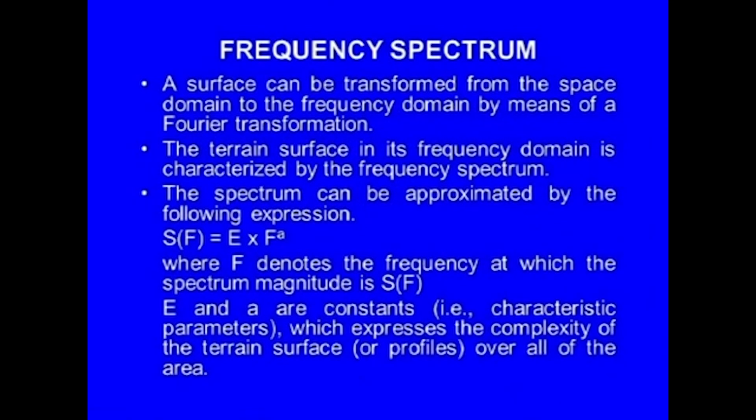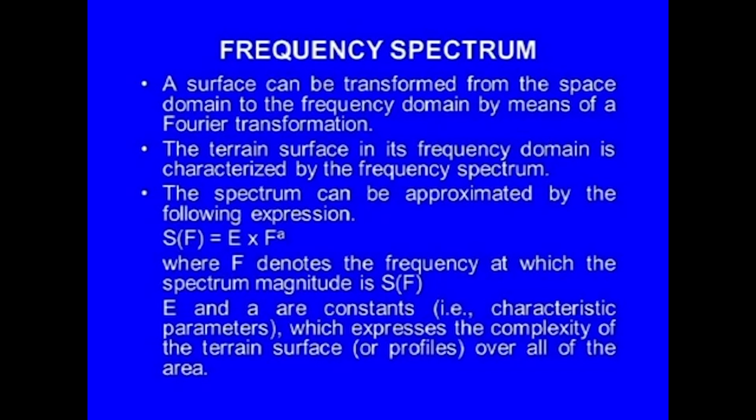The next numeric descriptor is the frequency spectrum. A surface can be transformed from the space domain to the frequency domain by means of a Fourier transformation. The terrain surface in its frequency domain is characterized by the frequency spectrum.